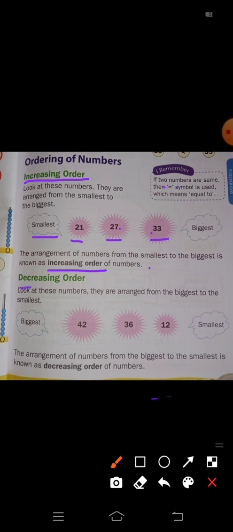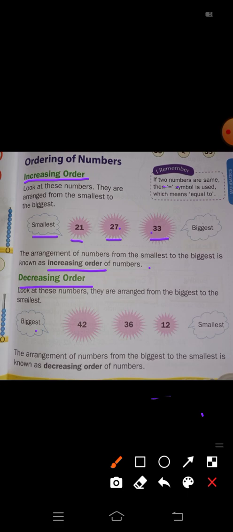Next point is decreasing order. Look at these numbers. They are arranged from the biggest to the smallest. First you have to write the bigger number and last you have to write the smaller number.